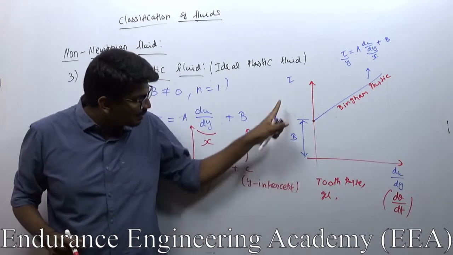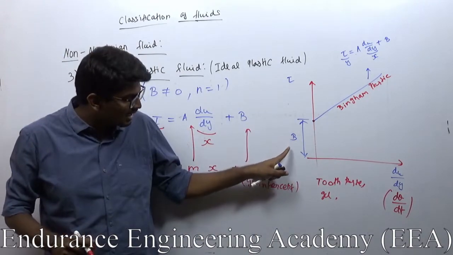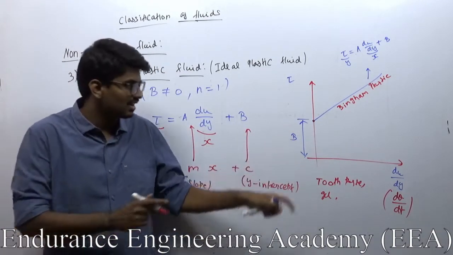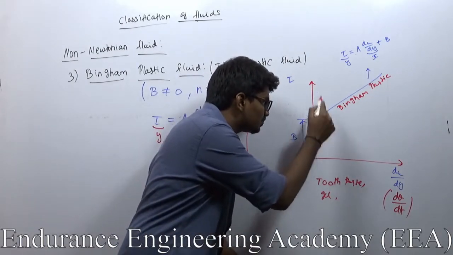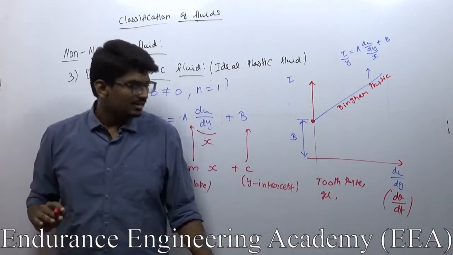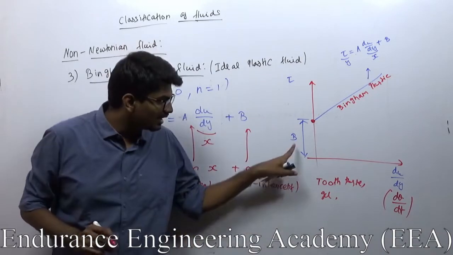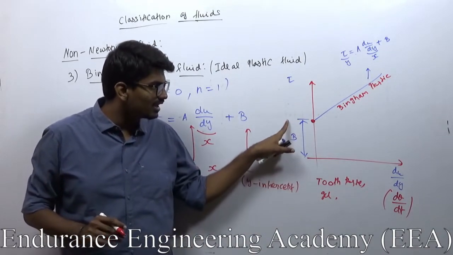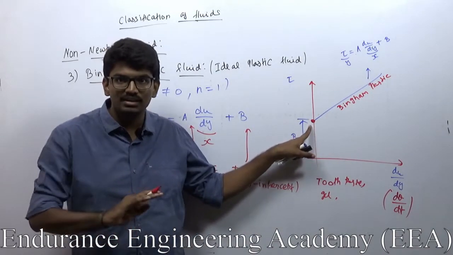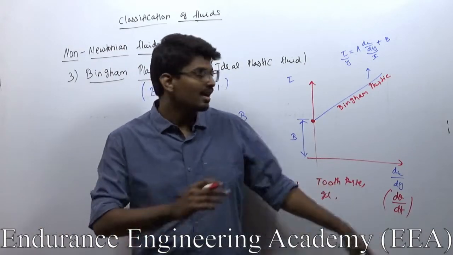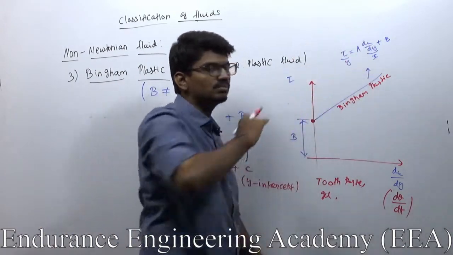I keep on applying shear until it reaches this point. There is no flow, no deformation, only the shear stress keeps increasing until it reaches this point, and after that it starts to flow.